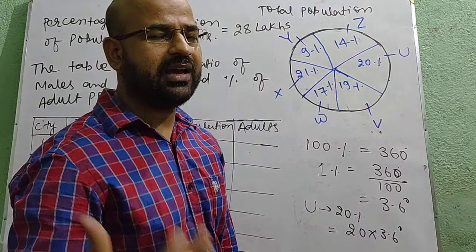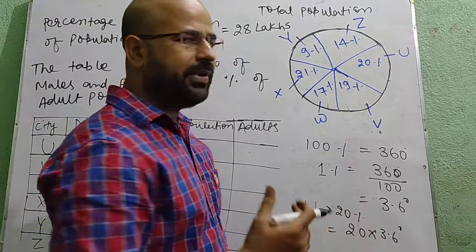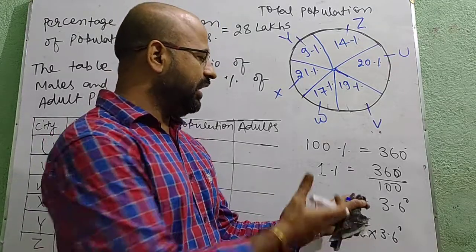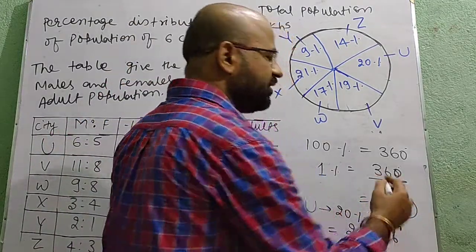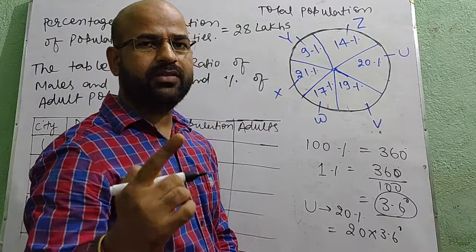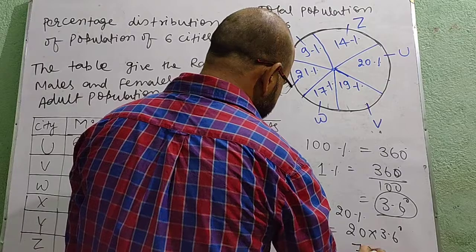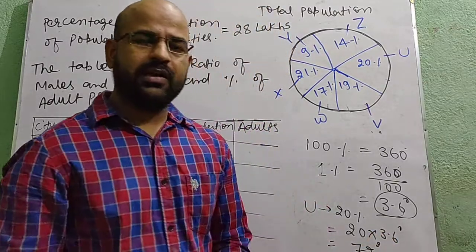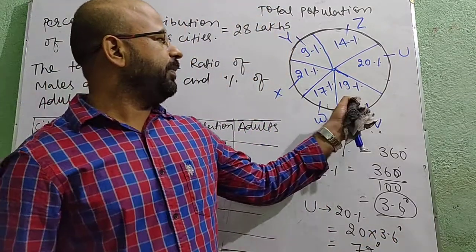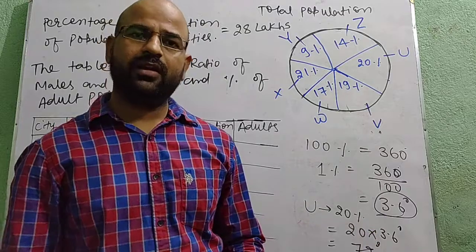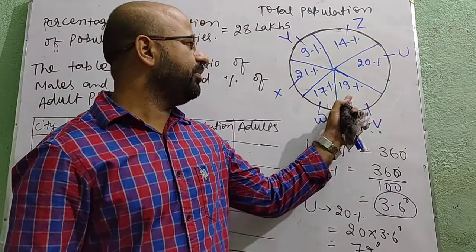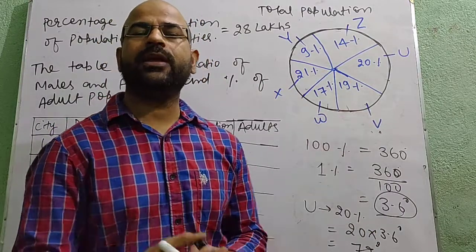Why are you multiplying by 3.6? Because above we learned that 1% means 3.6 degrees. That is 72 degrees. If you want to convert the population of city B into degrees, then you have to multiply by 3.6 degrees.